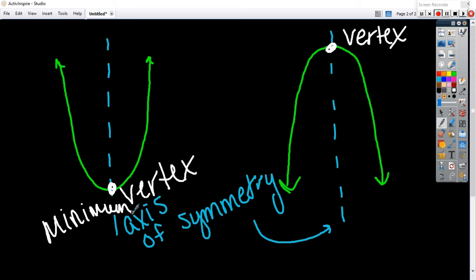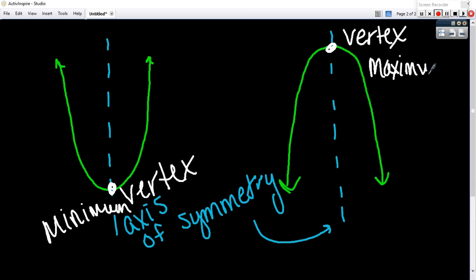Whenever you're up at the very top, it's the highest point, so it's a maximum. We use quadratics a lot of times. You'll hear people talk about maximizing profit or minimizing cost. A lot of times those are quadratic functions, and you can find the vertex there to find the minimum or the maximum.